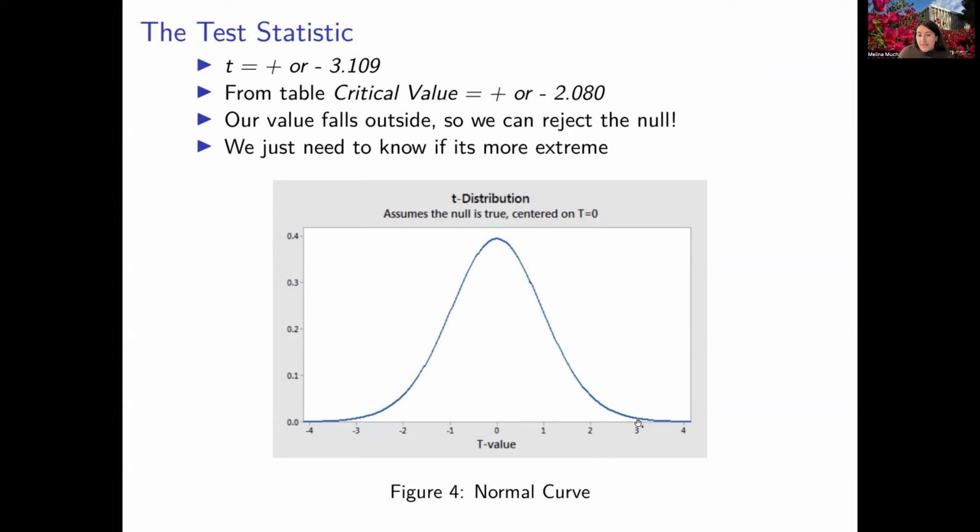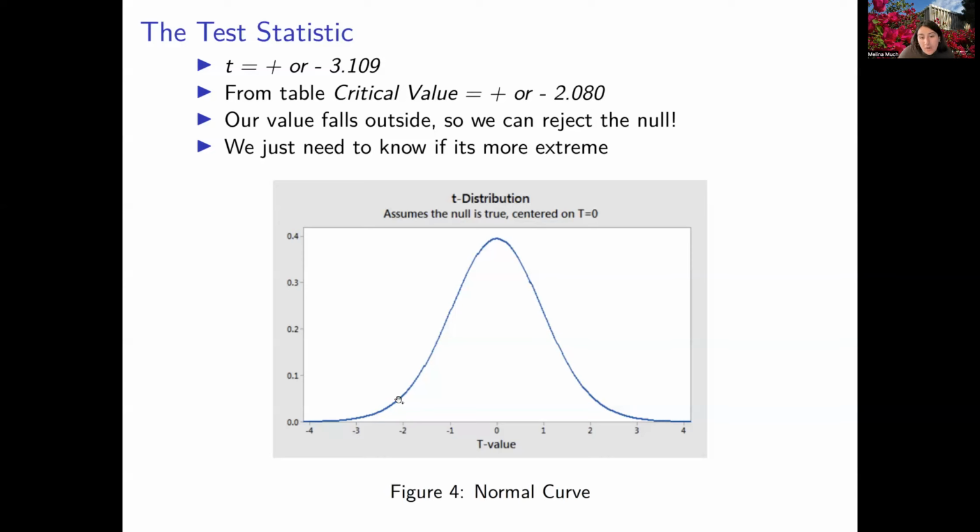Essentially, if you look at the normal curve and we have our number line at the bottom, the 3 is going to be plus or minus. You can think about our value being way out on the tails at -3. And then we're going to compare whether or not that's outside or more extreme than our critical value of -2.080.